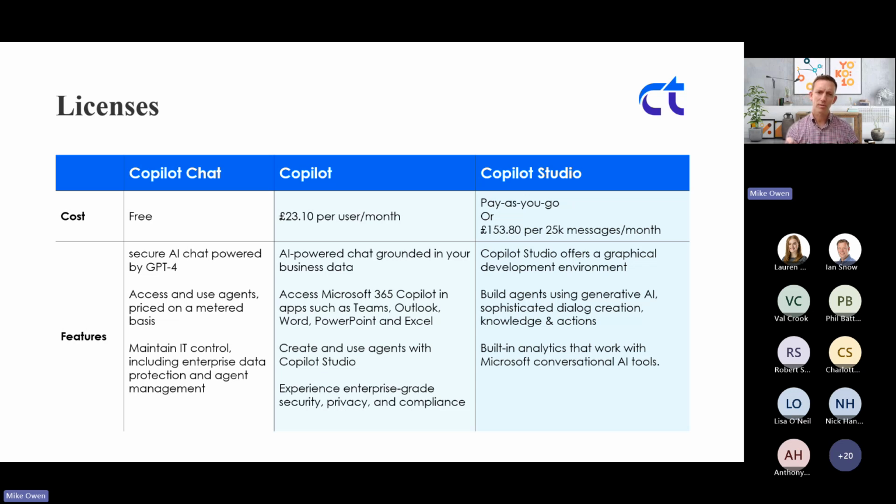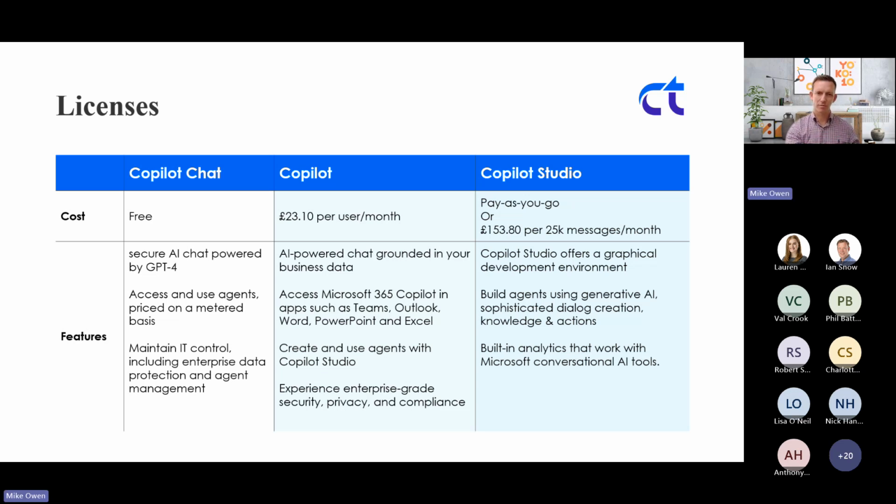But you also have access to some agents. Now, an agent is effectively a custom built Copilot grounded in some of your organizational data. Even though the license is free, there's a pay-as-you-go element from an organizational standpoint.